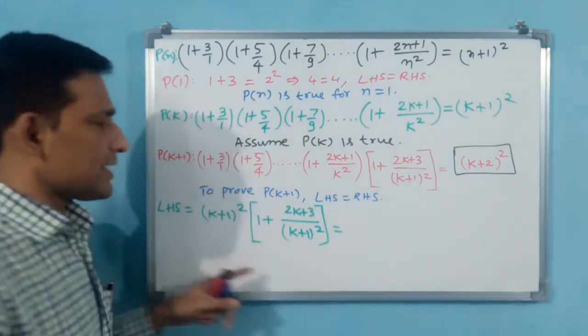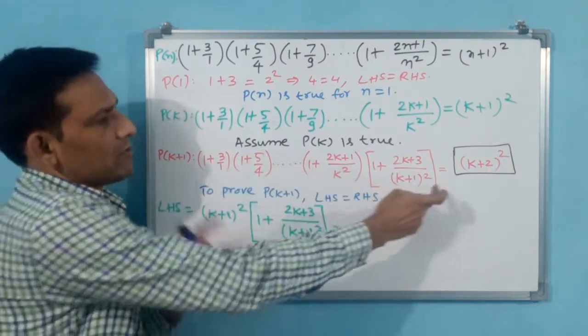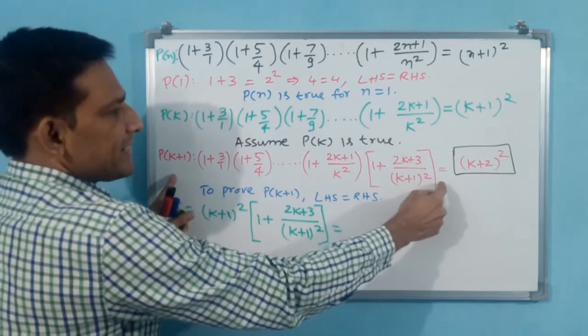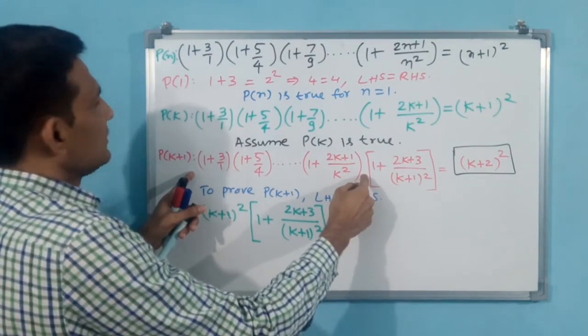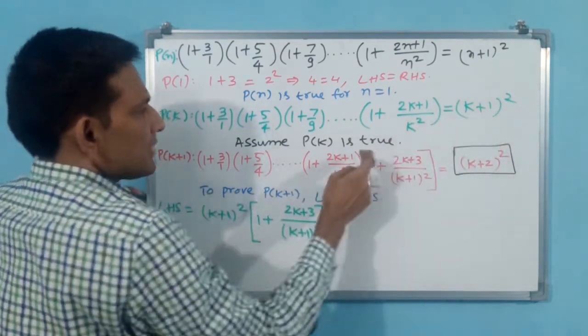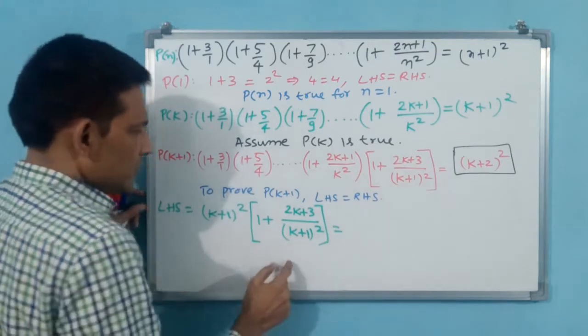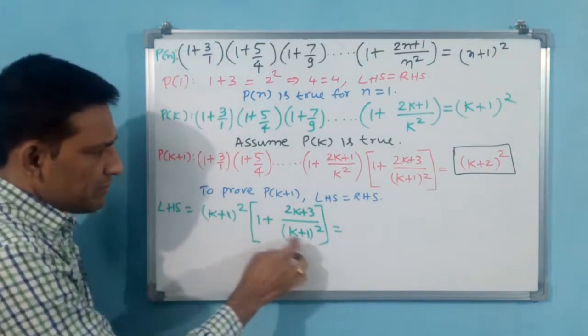Is equal to. You understand now this step? Why? Because if only LHS of P of k plus 1 I have taken this, RHS I have to prove. But while taking this, I know that up to this term value is there, k plus 1 whole square. That is why I have taken k plus 1 whole square into 1 plus 2k plus 3 by k plus 1 whole square. You keep it like that only, but we can simplify this.